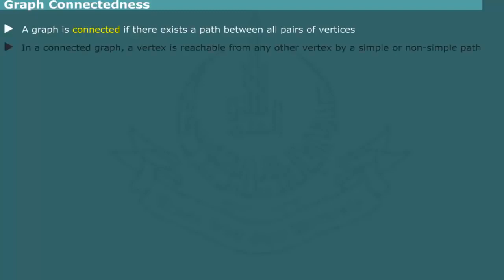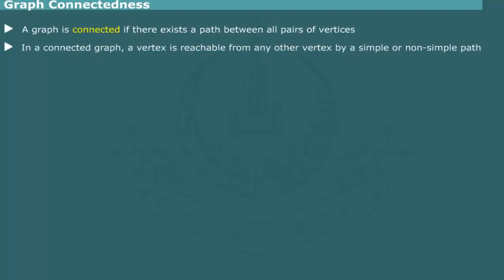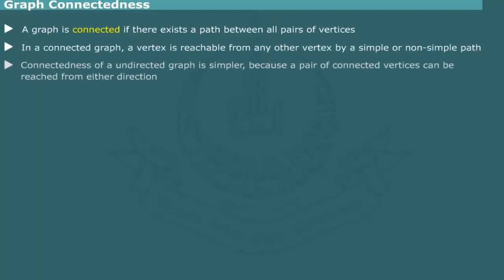Graph connectedness. A graph is said to be connected if there exists a path between all pairs of vertices. In other words, each vertex is reachable from any other. Connectedness in an undirected graph is simple because the edges can be traversed in either direction to reach a vertex.